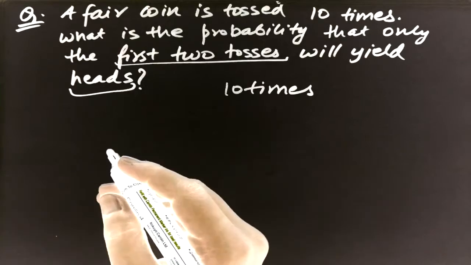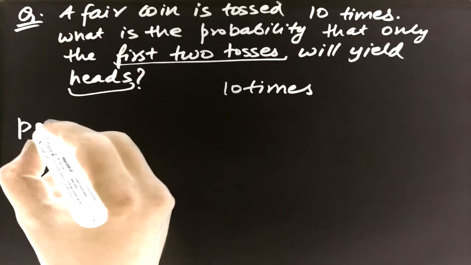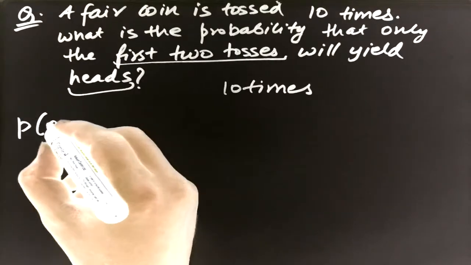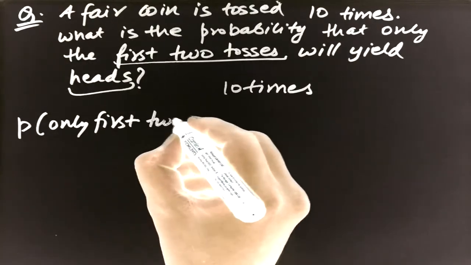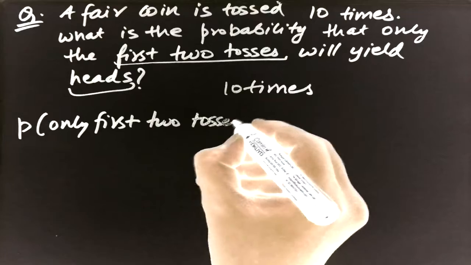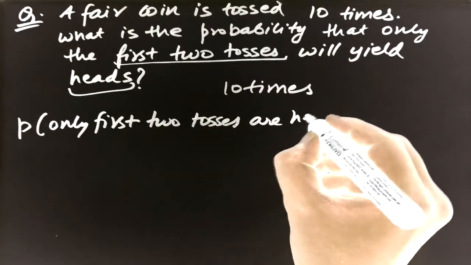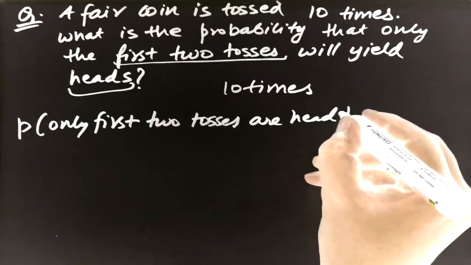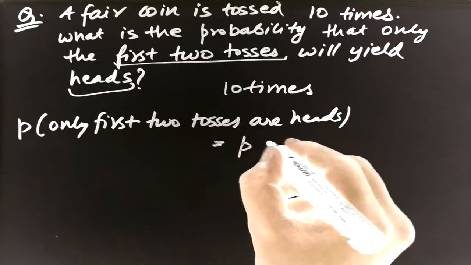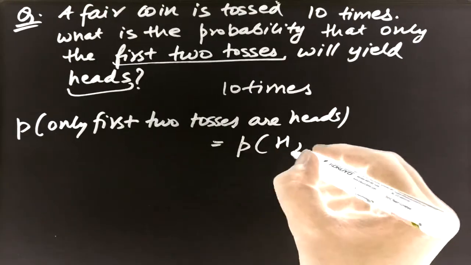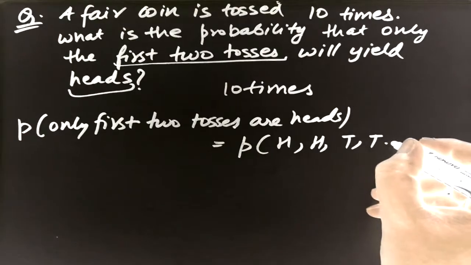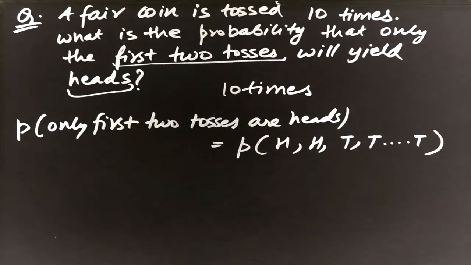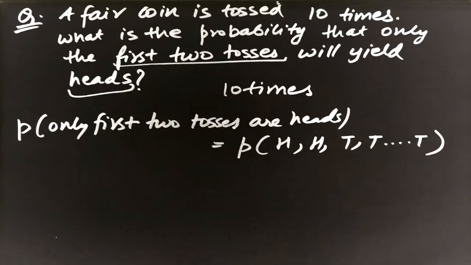What it is saying is the probability that only the first two tosses are heads. It will be the probability of getting head, then again head, then for the next 8 times you will get continuous tails. This is what he is asking.